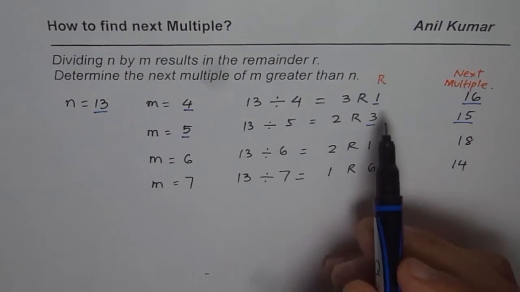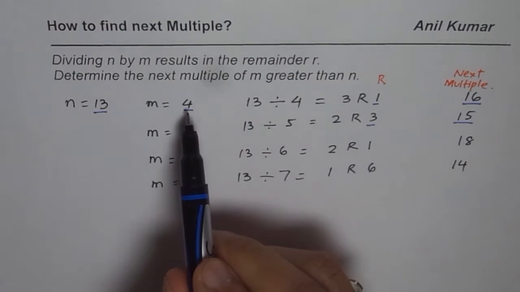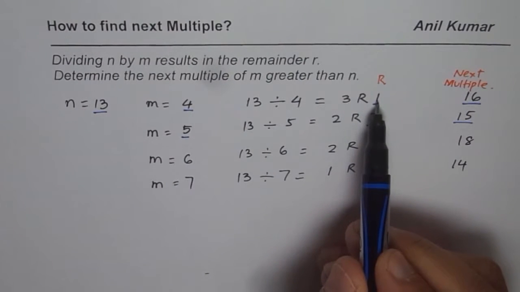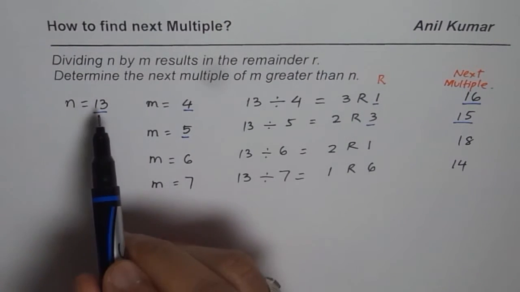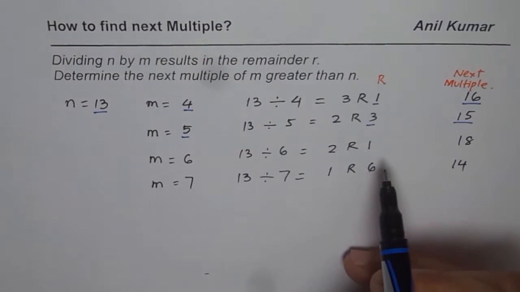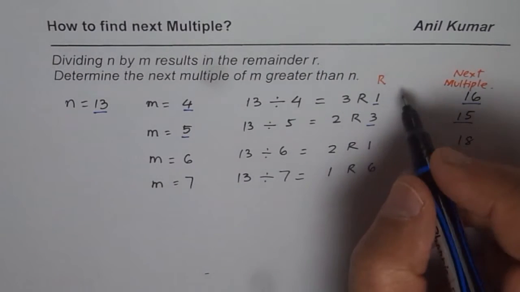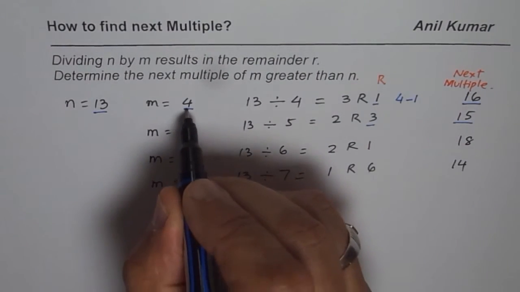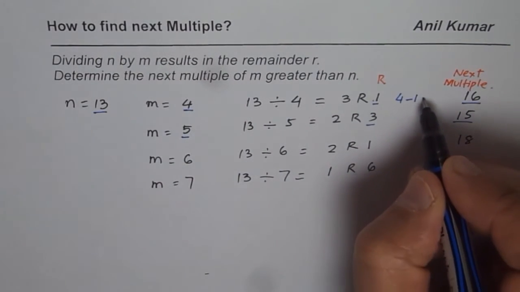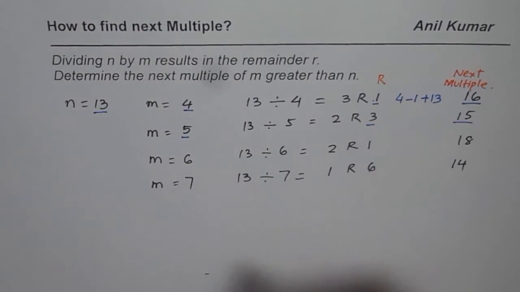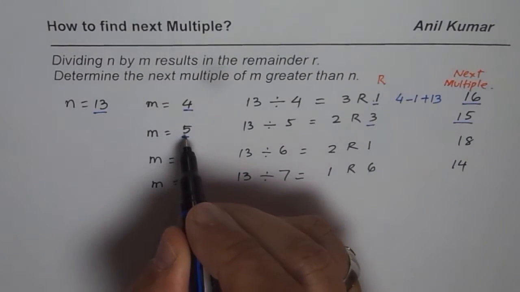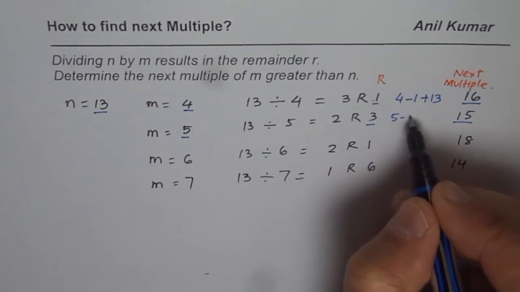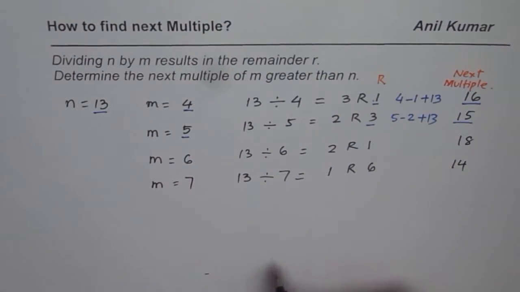If you see, 4 minus 1 is 3, and if I add that 3 to 13, I get 16. Do you get this? So 4 minus 1 is 3, and I add that to 13 to get my result. Here I will do 5 minus 3. 5 minus 3 is 2, and if I add 2 to 13, I get 15.